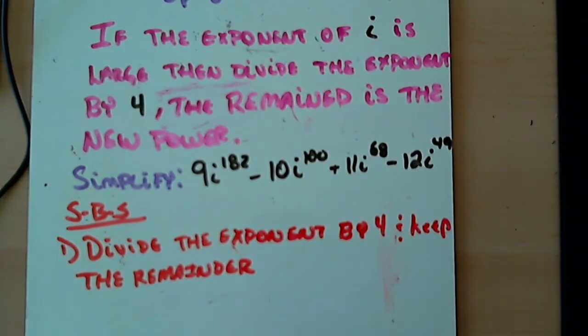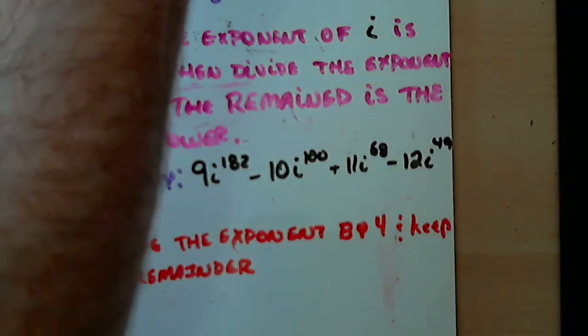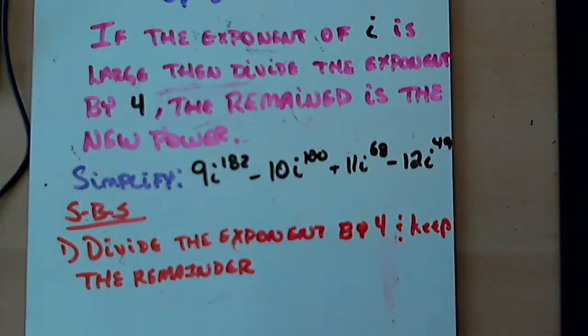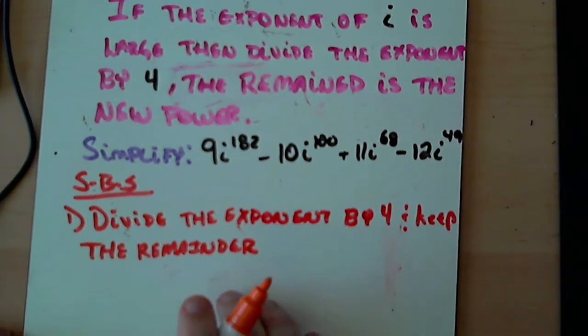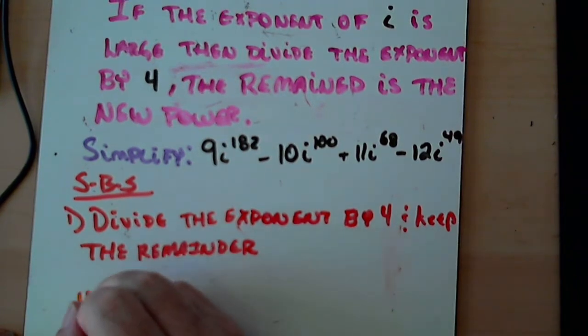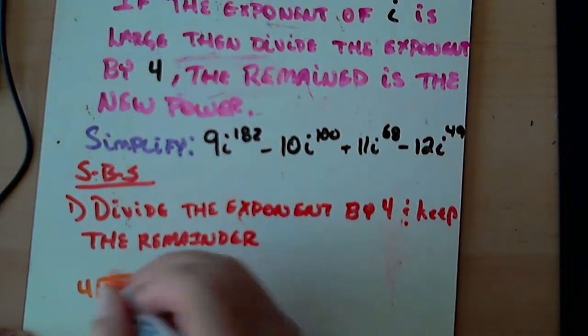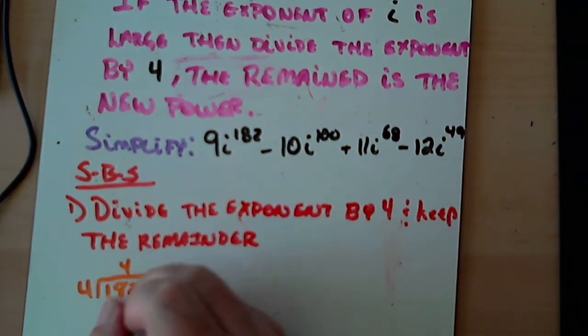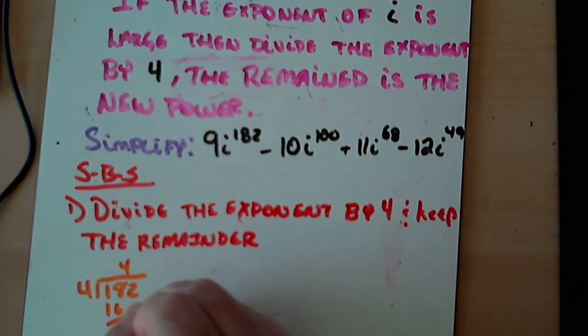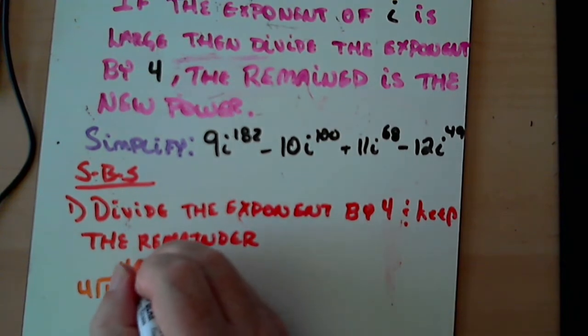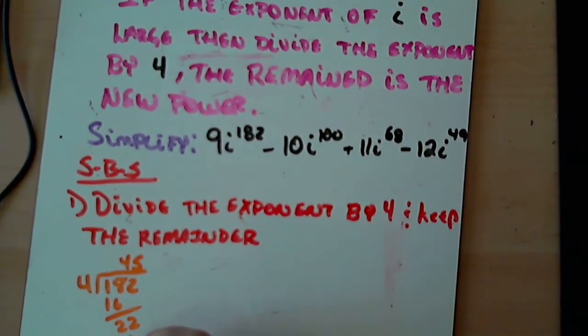Okay, so our first exponent is this atrocious looking thing, right? So we take 4 and we divide it into 182. 4 goes into 18 4 times for 16. That's 22, and 4 goes into that 5 times for 20. So our remainder is 2.